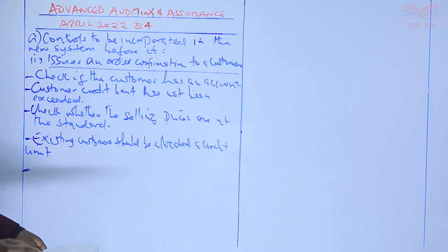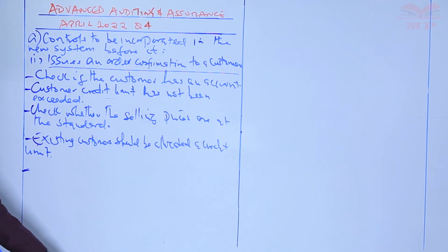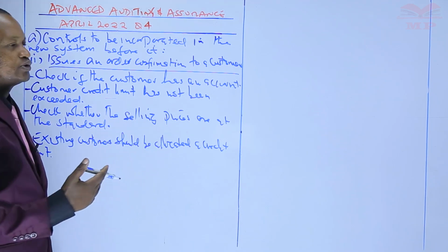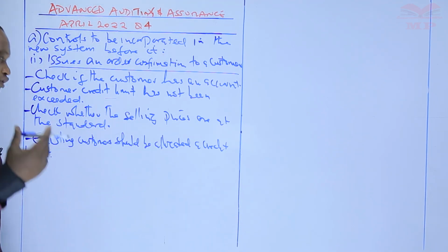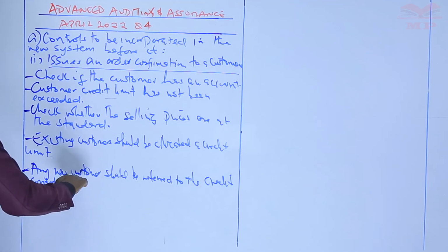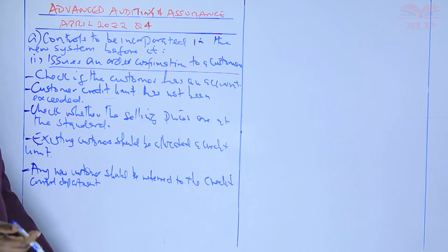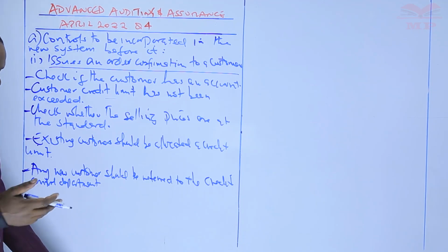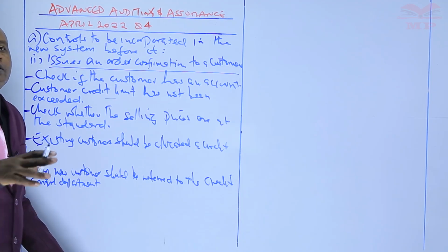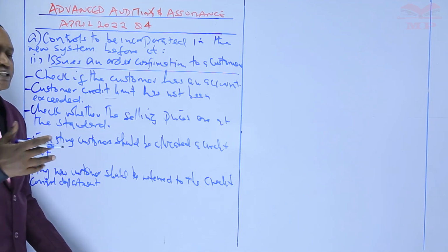The next control is in relation to any new customers. Any new customer should be referred to the credit control department before the order is accepted.